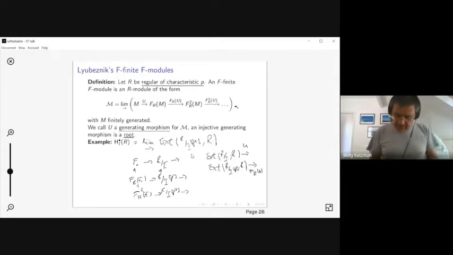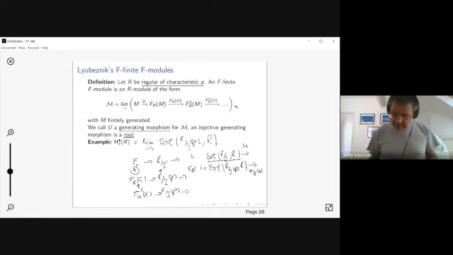And the end result is that these maps between the resolutions are now induced by taking the Frobenius functor of these maps over here. So when you put everything together and you look at this direct limit of Ext, what you're seeing is a finite F-module. This is a finitely generated R-module that maps onto its Frobenius, the Frobenius functor of the previous Ext.